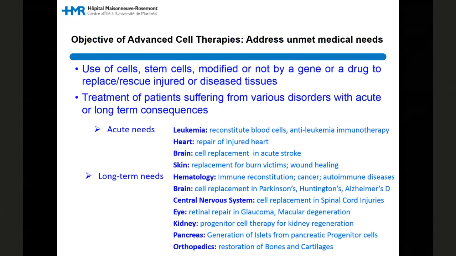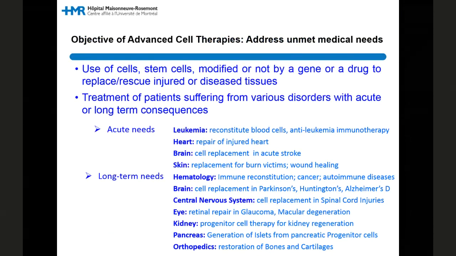Health Canada having authorized two gene modified cell products for the treatment of patients with B-cell acute lymphoblastic leukemia and also lymphoma. So these cells are promised to give a treatment, hope, and therapeutic option for many types of diseases.